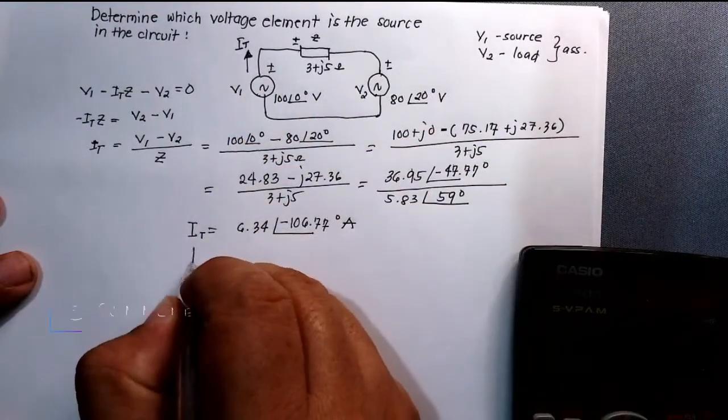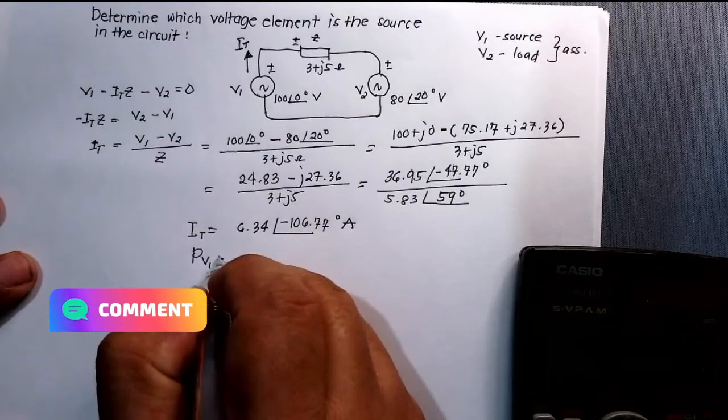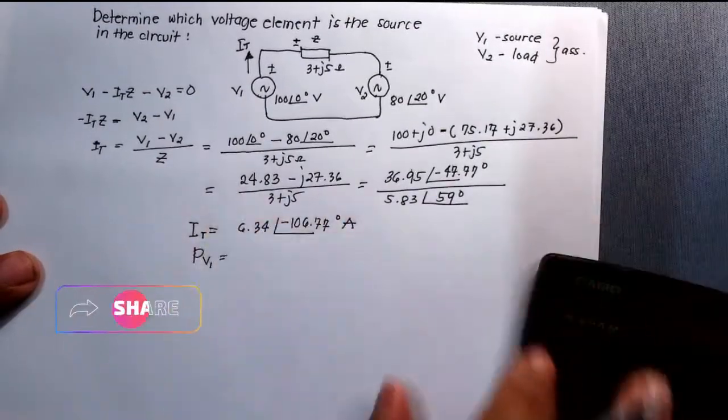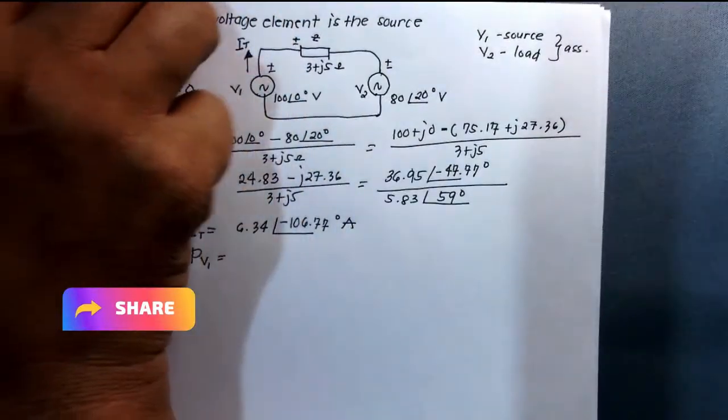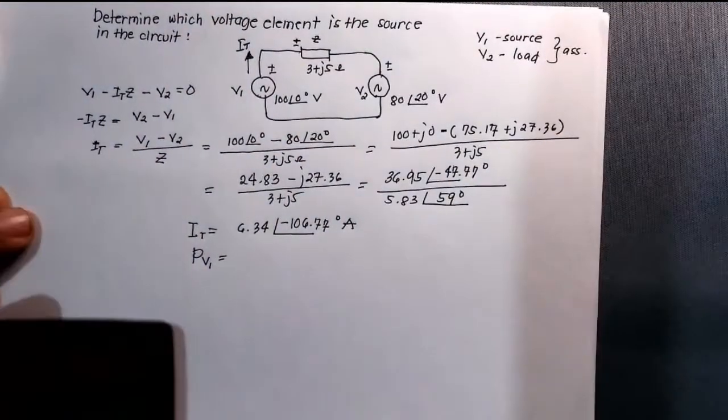So I'll have to get my power at B sub 1. To get the power at B sub 1, you already know the current and the voltage.